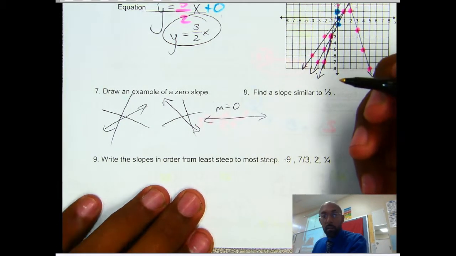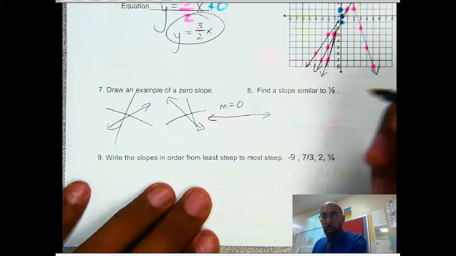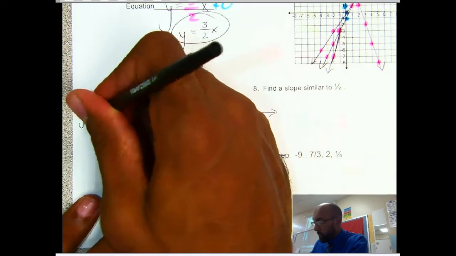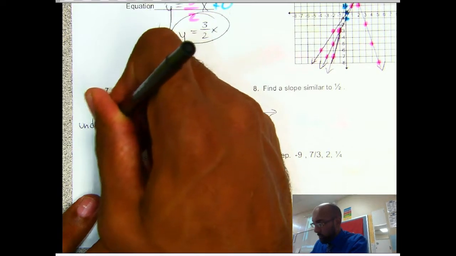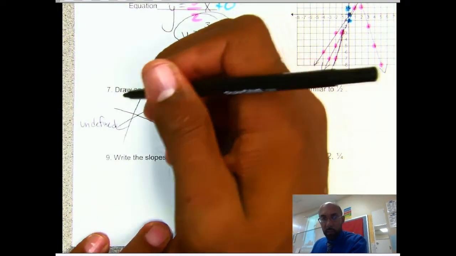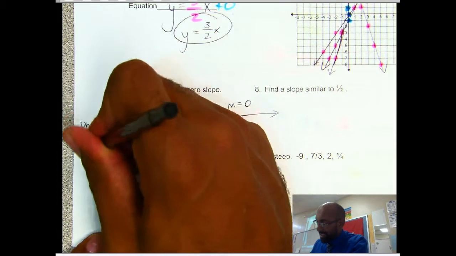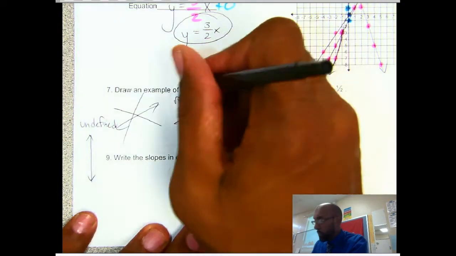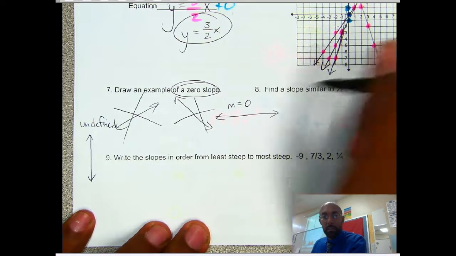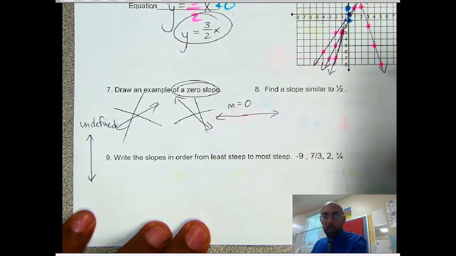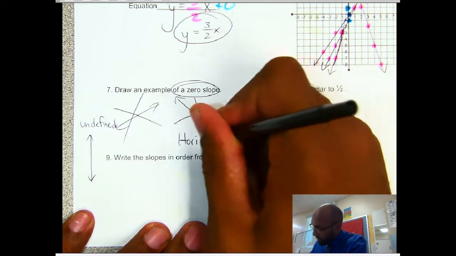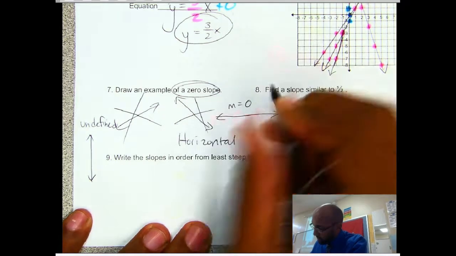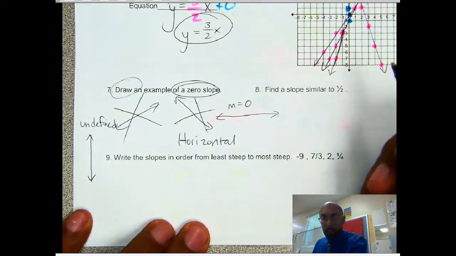A line that goes straight across. What about a slope that's undefined? If the slope is undefined, then it's a line that goes straight up, straight down. But again, the question is which one has a 0 slope? Straight across, horizontal. But draw a line, because that's what it asks.